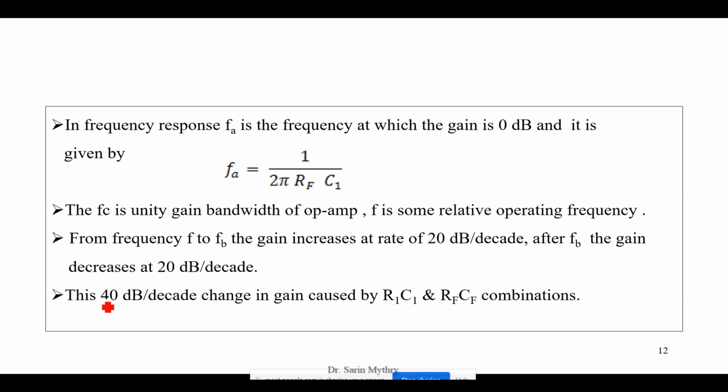This means that this 40 dB per decade change in gain is caused by the R1C1 and RFCF combination. So how did we get this stability? Because of adding these feedback components. R1 is the extra resistor which we have added, and CF is the extra capacitor which I have added. Because of this product of RC combinations, we have got this 40 dB per decade change.